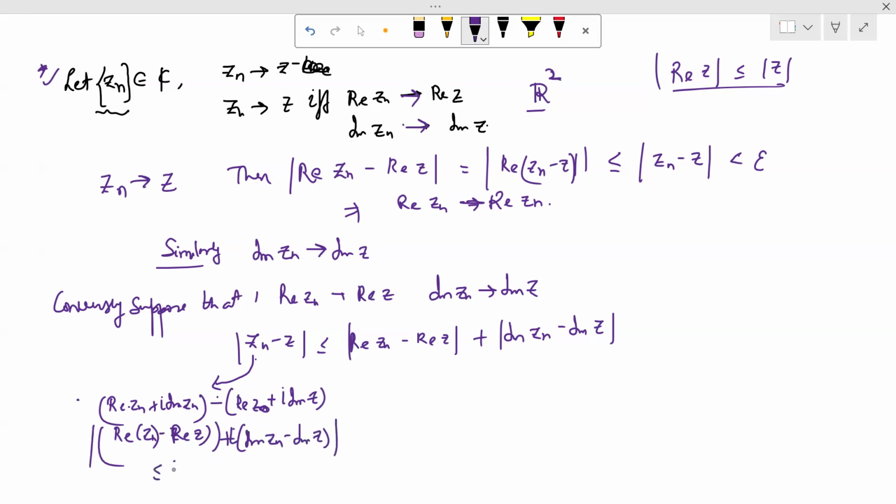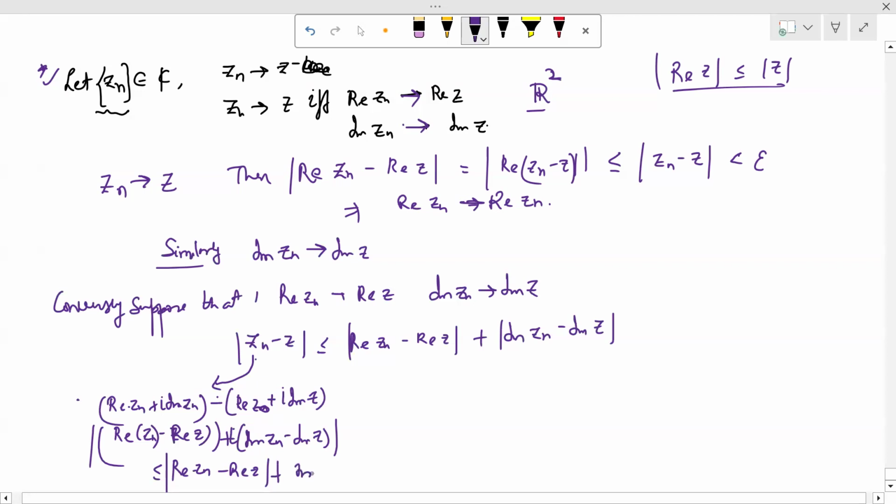And then certainly I can write less than or equal to the modulus of the real part of Zn minus the real part of Z, by the triangle inequality, we know that, and this iota modulus is 1, plus the modulus of the imaginary part of Zn minus the imaginary part of Z. So if I leave some steps, kindly do it on your own.